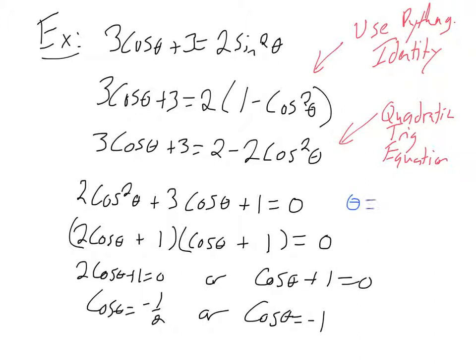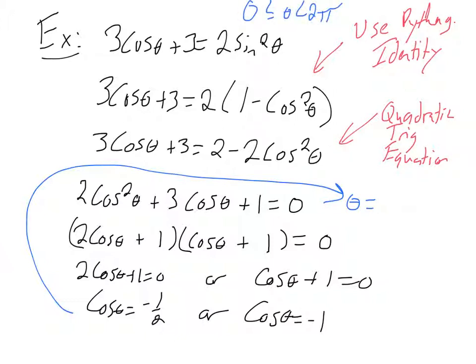So for the first one, cosine is equal to negative 1/2, and we are restricting this from 0 to 2 pi. I should have mentioned that. So theta is going to be equal to, well, cosine's negative in the second and third quadrants.